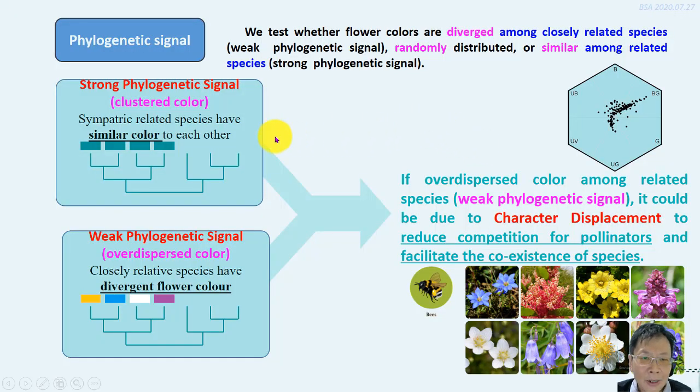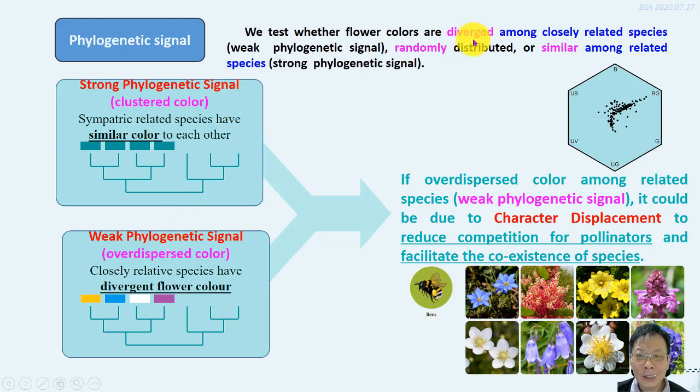So to test this, we add the phylogenetic signal concept into this. That means we relate the flower color with their phylogeny to see whether there are two hypotheses. If they have strong phylogenetic signal, that means related species in sympatric areas have a similar color to each other. So colors are clustered, but phylogeny also relates to clustered color. So you see related species have a similar color. That means strong phylogenetic signal.